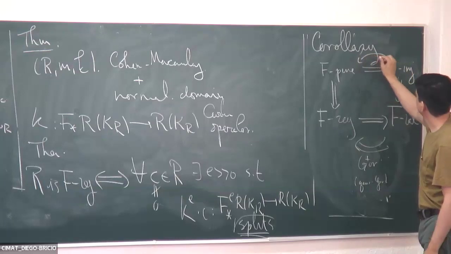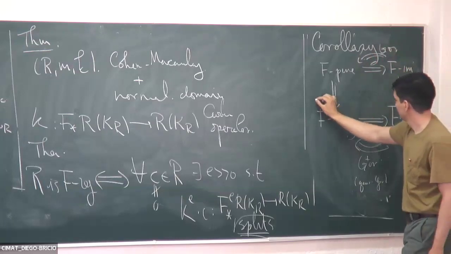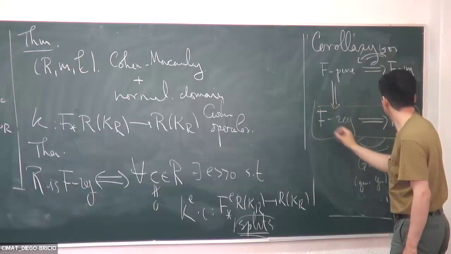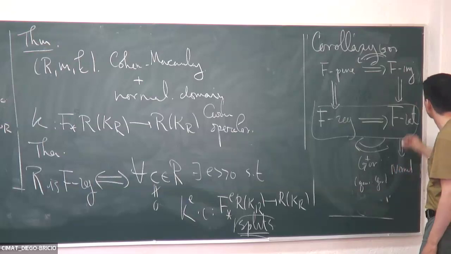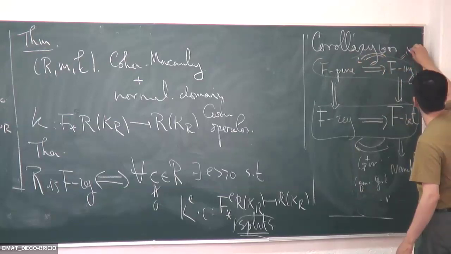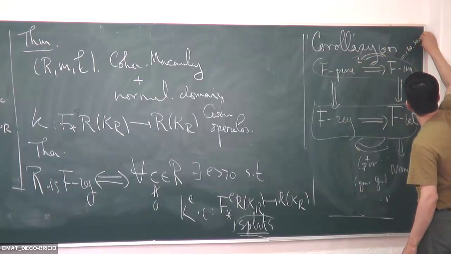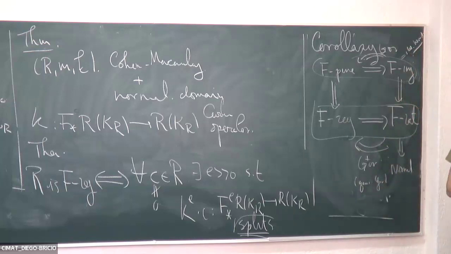We also saw that this goes like this in the Cohen-Macaulay case. These two notions here imply normal, which is very good to know, and these two things here imply weakly normal. So this is the picture of F-singularities, at least the four main notions.